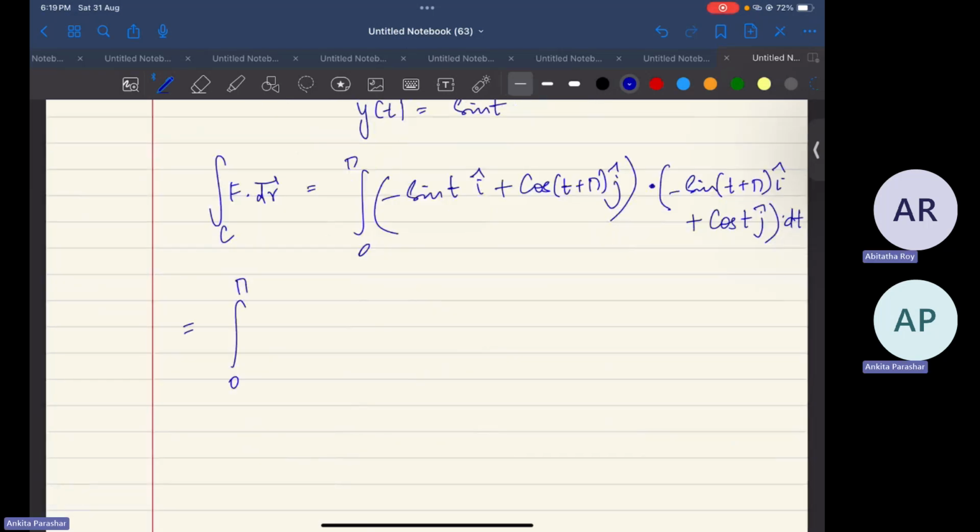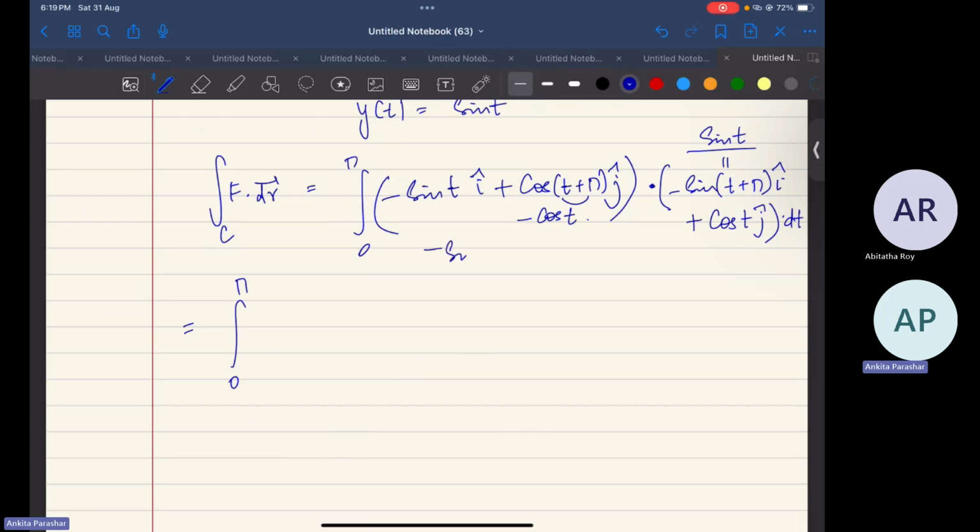What is sine of pi plus t? Pi plus anything, it's minus sine t, right? So I can write this as, sorry, plus sine t, because sine of pi plus something is minus of that and therefore it becomes plus. And what is cos of pi plus t? I think it is minus cos t.